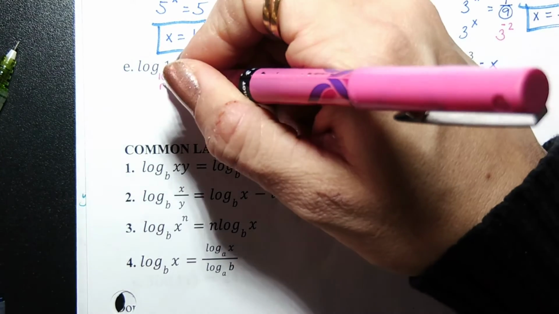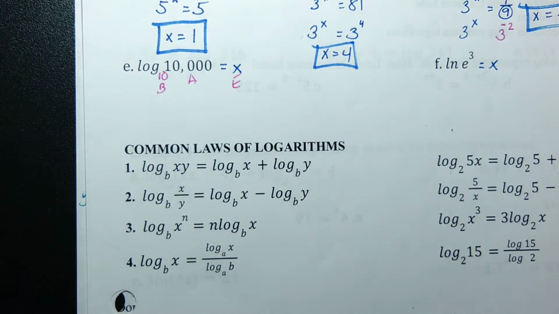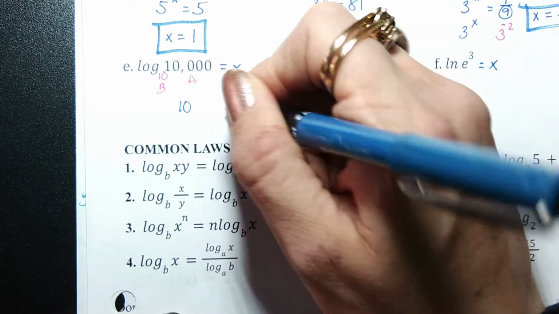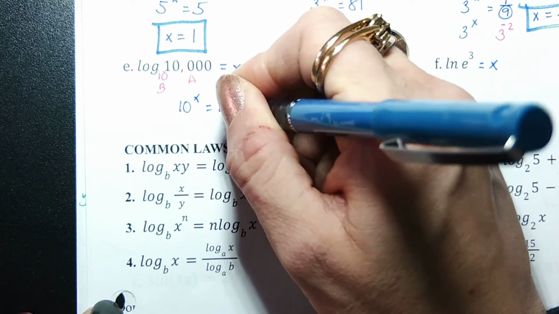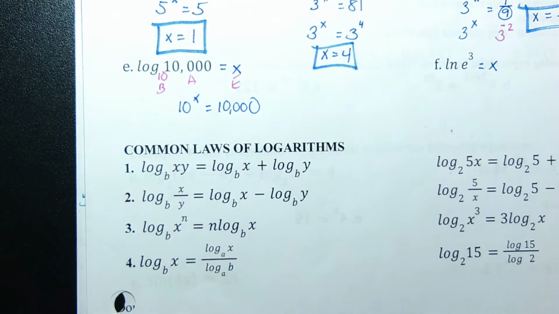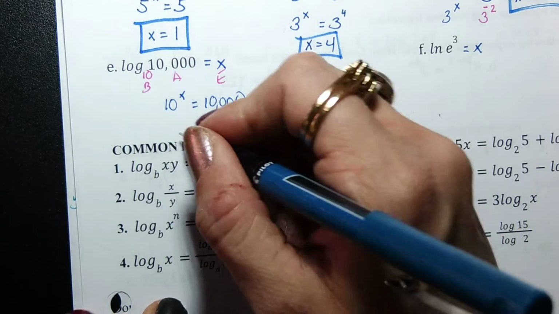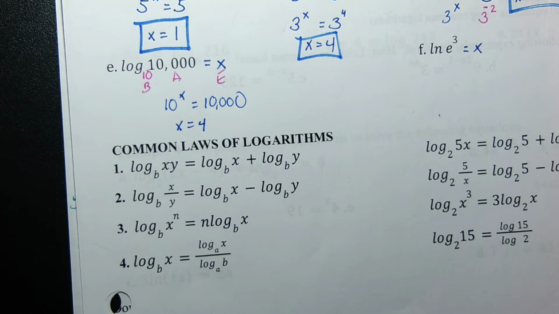That way when I do my big animal ears, the 10 is my base, the x is my exponent, and this is equal to 10,000. So 10 times itself, how many times is going to give me those 4 zeros? 4. So 10 times itself 4 times is going to give me 10,000.